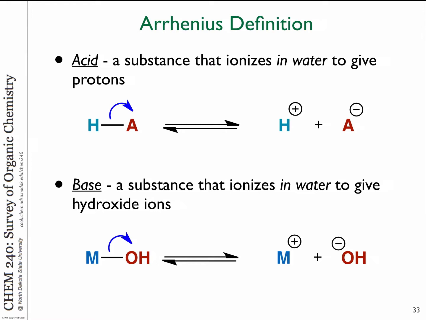So A is a generic symbol for an anion or some anionic counterion attached to a hydrogen or proton. If it gives up its proton in water specifically, Arrhenius said that's an acid. Okay, and a base is a substance that ionizes in water to form hydroxide ions. That's the Arrhenius definition. But that's a very strict, limiting definition.